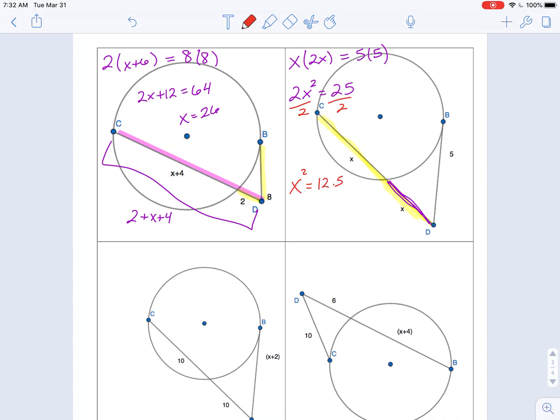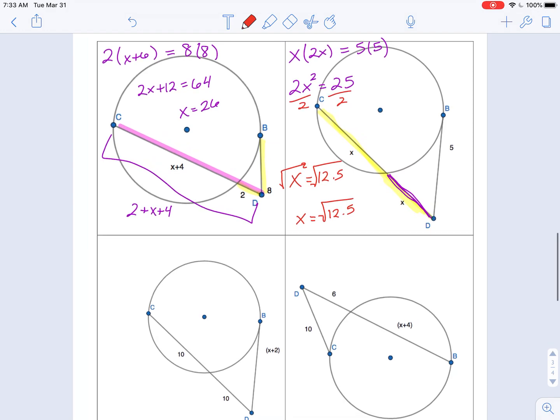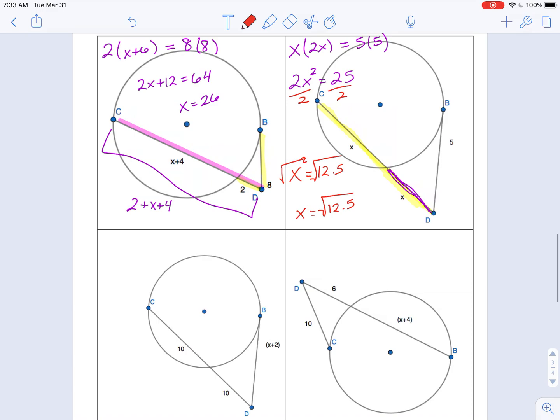I get x squared equals 12.5. And then how do I get rid of that exponent? What's the opposite of squaring a number? Well, the opposite of squaring is square rooting. So x equals the square root of 12.5, which would be somewhere in the mid threes, 3.4, 3.5, somewhere in there.